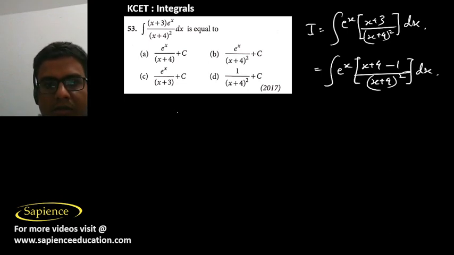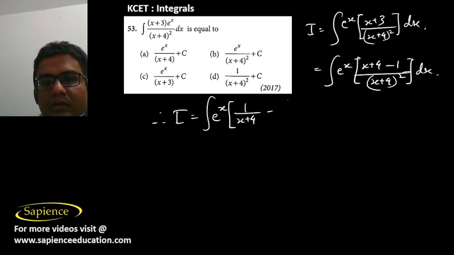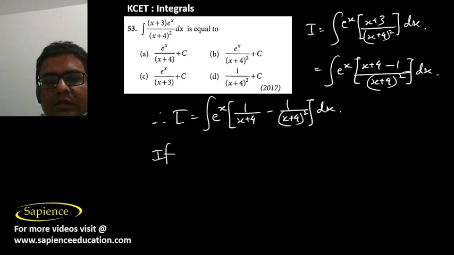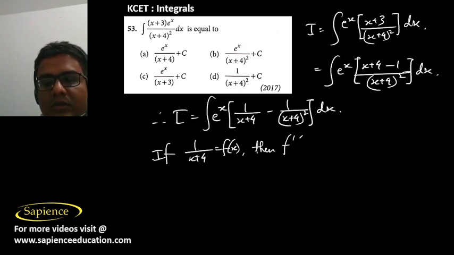So therefore this integral I can be written as e power x into 1 by x plus 4 minus 1 by x plus 4 square into dx. So now if I take 1 by x plus 4 as f of x, then f dash x will be equal to minus 1 by x plus 4 whole square. It means that if I take f of x, this is f dash x.